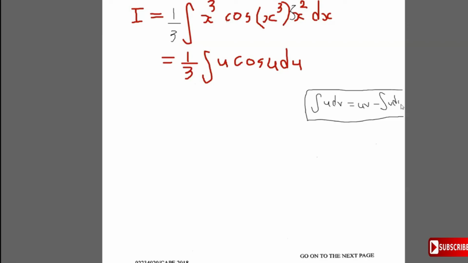So if we're going to apply this by parts formula, this I is going to become equal to 1 over 3 times uv.